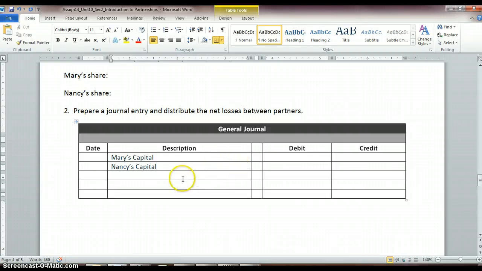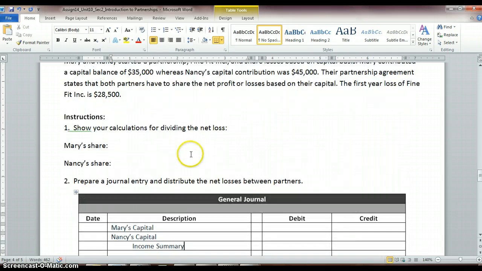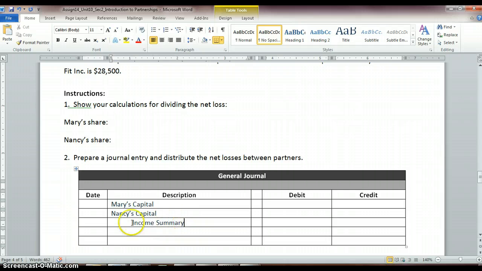Use your reference guide that I sent out a while ago in order to determine which side I will be deducting these from our capital accounts. And the other account we're going to be working with is income summary. While we are accounting for this loss, we are deducting it from our capital, and then we will also be working with income summary.